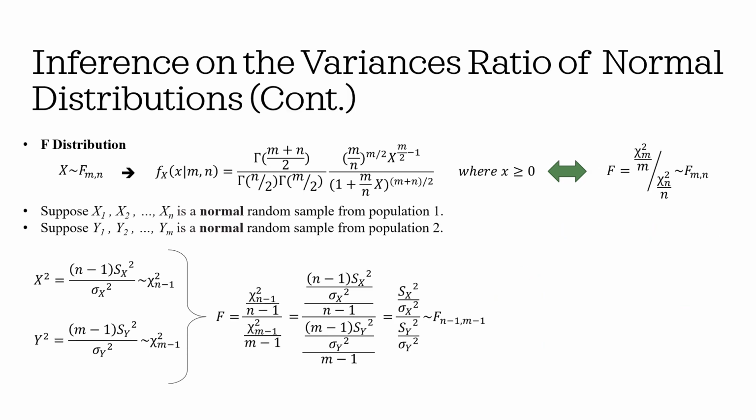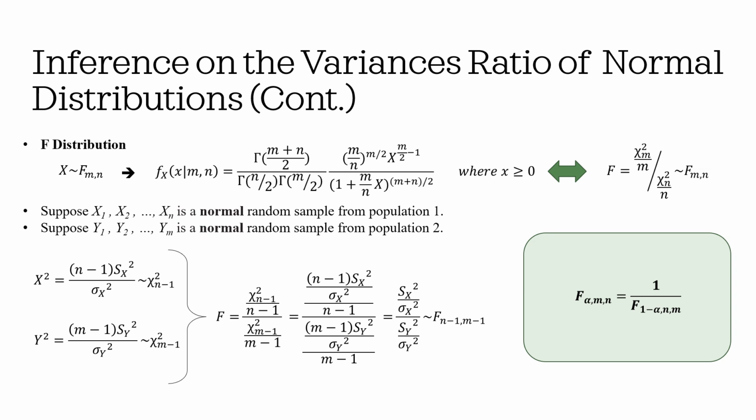Another interesting fact about F distributions is their reciprocal property. As we just discussed, the F statistic is the ratio of 2 scaled independent chi-squared random variables, each divided by their respective degrees of freedom. So if random variable f follows an F distribution with n and m degrees of freedom, 1 over f would follow an F distribution with m and n degrees of freedom. Now in terms of f values, the value f of alpha with m and n degrees of freedom corresponds to the upper alpha percentile of the F distribution with m and n degrees of freedom.